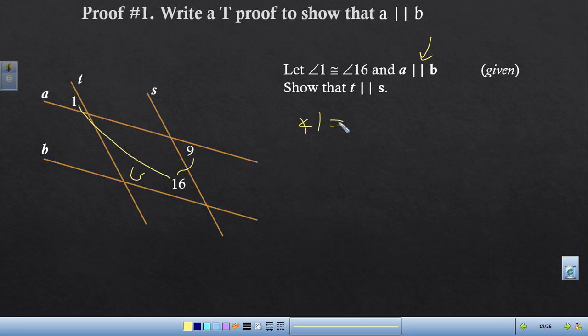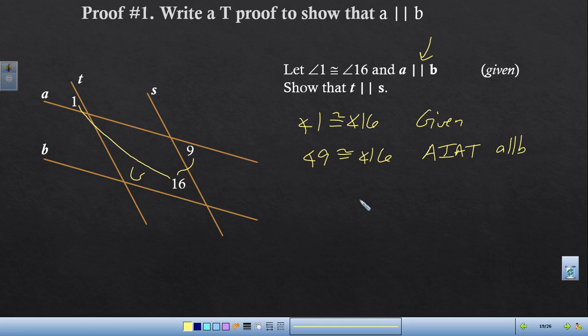Angle 1 is congruent to angle 16, given. Angle 9 is congruent to angle 16, alternate interior angle theorem, because A is parallel to B. Then angle 1 is congruent to angle 9, transitive property.